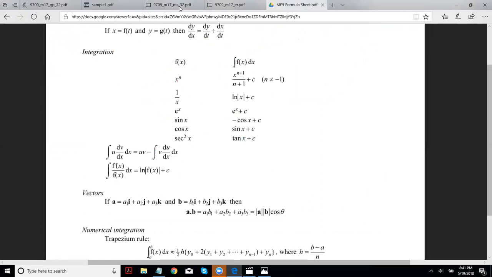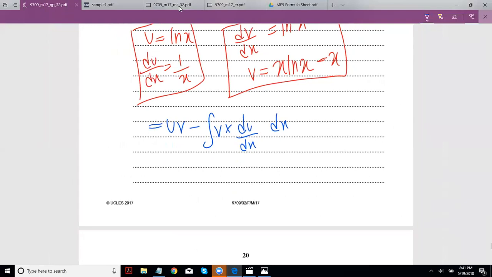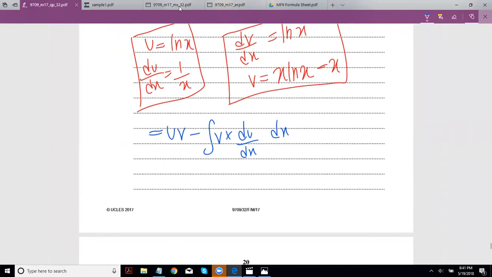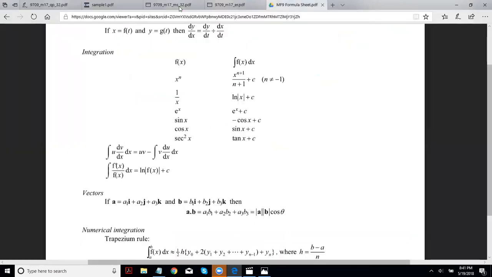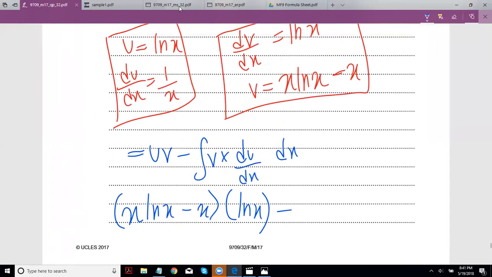So we can start putting stuff in. uv: what is v? v is x ln x minus x, and u is ln x. Is this uv? In fact, yeah, it is uv. Sad life. It's not as nice as I thought it would be.